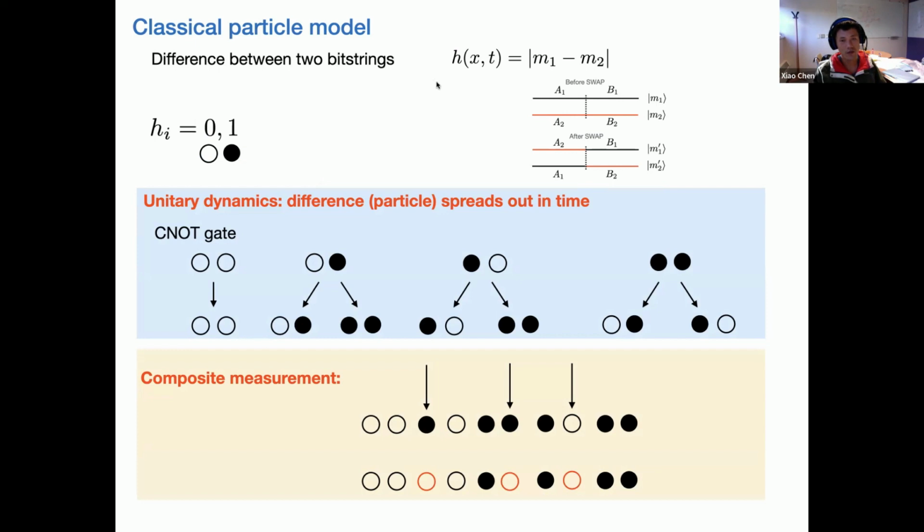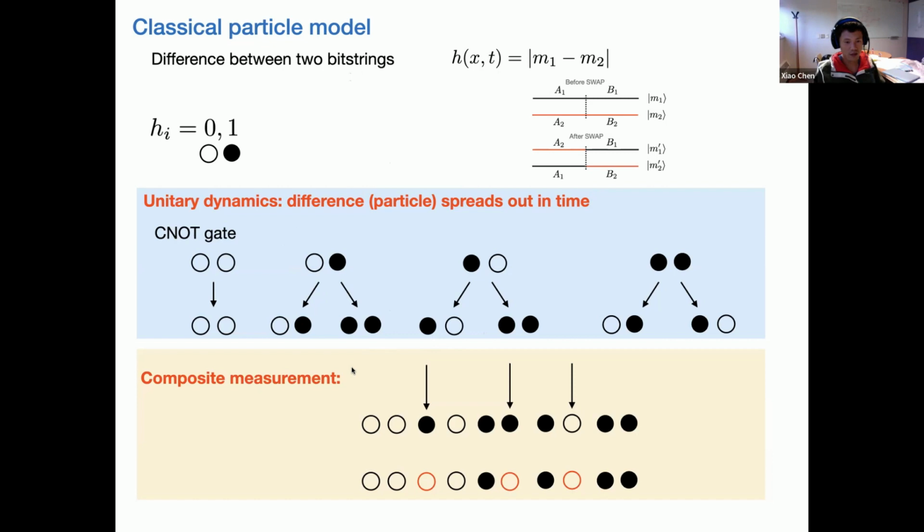We could consider the evolution of the corresponding classical bit string dynamics. Under the unitary dynamics, the difference will spread out in time. If the difference is initially localized, it could spread over the entire system.